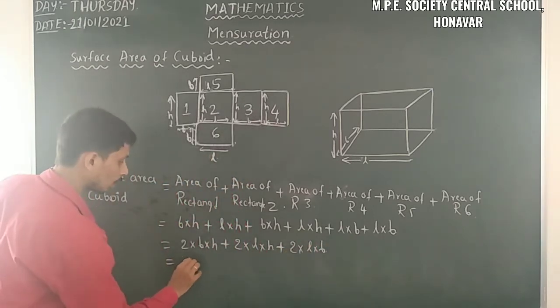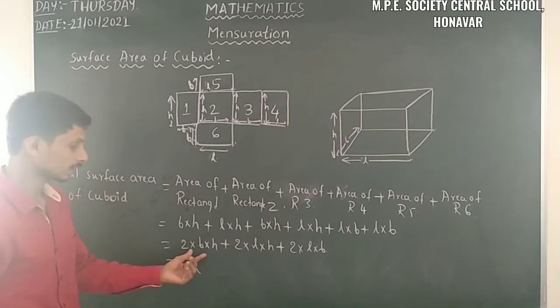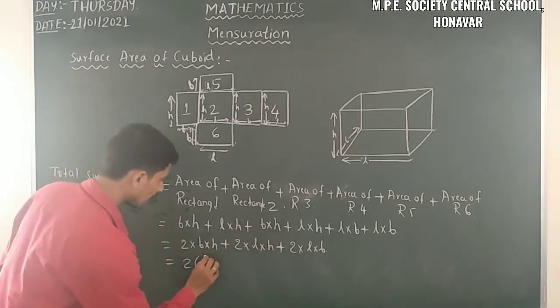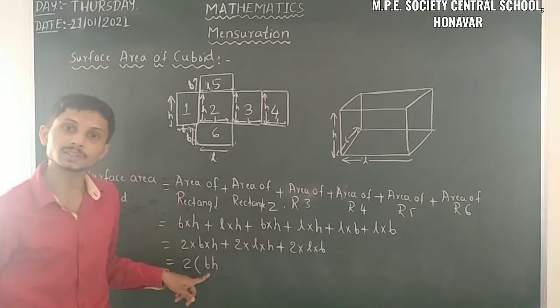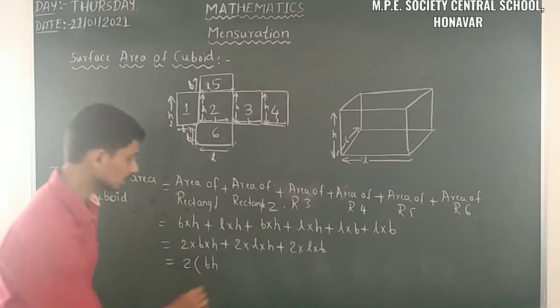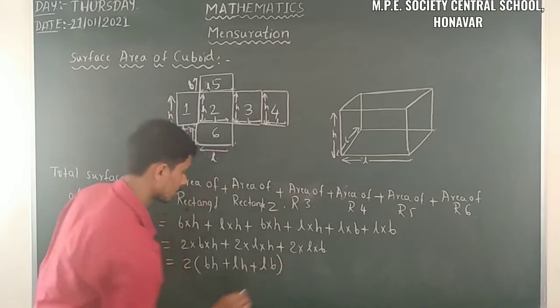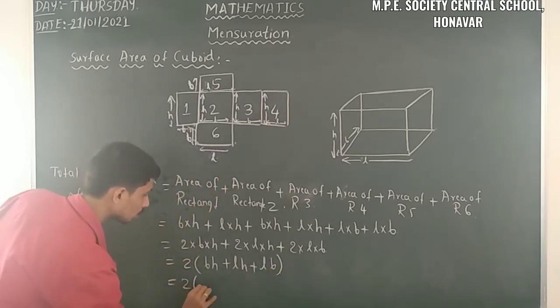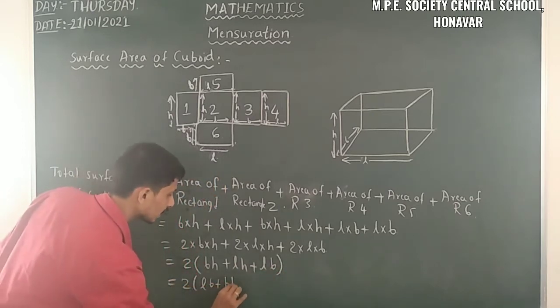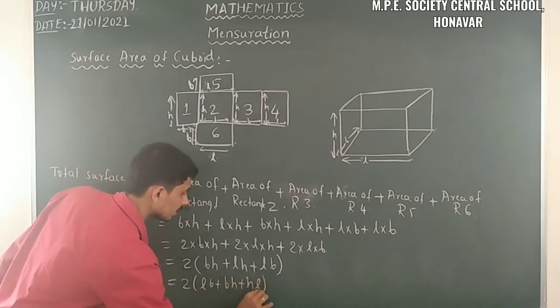I will take 2 common in all the terms. Here we have BH, I will write BH because BH means B into H only, plus LH plus LB, is equal to 2 into LB plus BH plus HL.